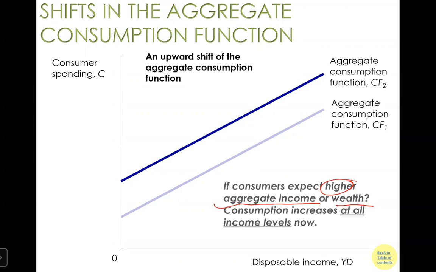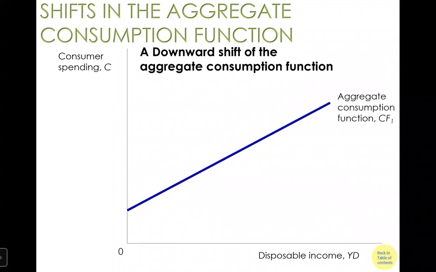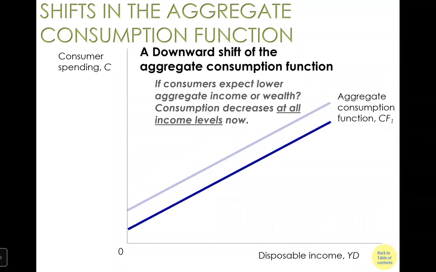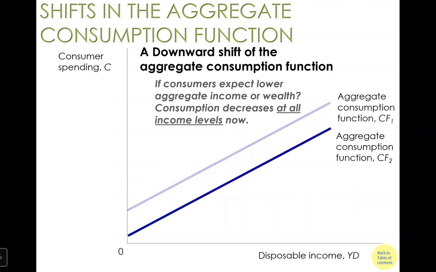So expecting higher income or wealth leads to higher consumption. On the other hand, if you expect your income to decline, then consumption will decline. And if everyone does the same thing, then in the aggregate, consumption will decline, right?